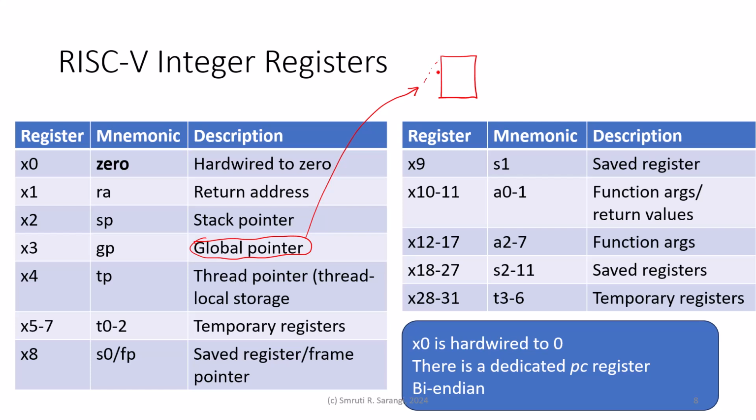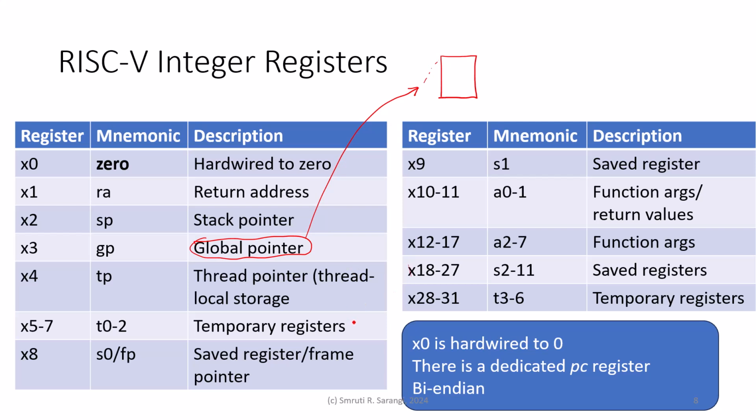So the global pointer in a sense points to that location. And this is useful especially if we have a lot of global and static variables. So then we will have this one register that holds a pointer to that. And this is particularly useful in large programs, starting from operating systems to reasonably large pieces of software where access to some global table is needed all the time.